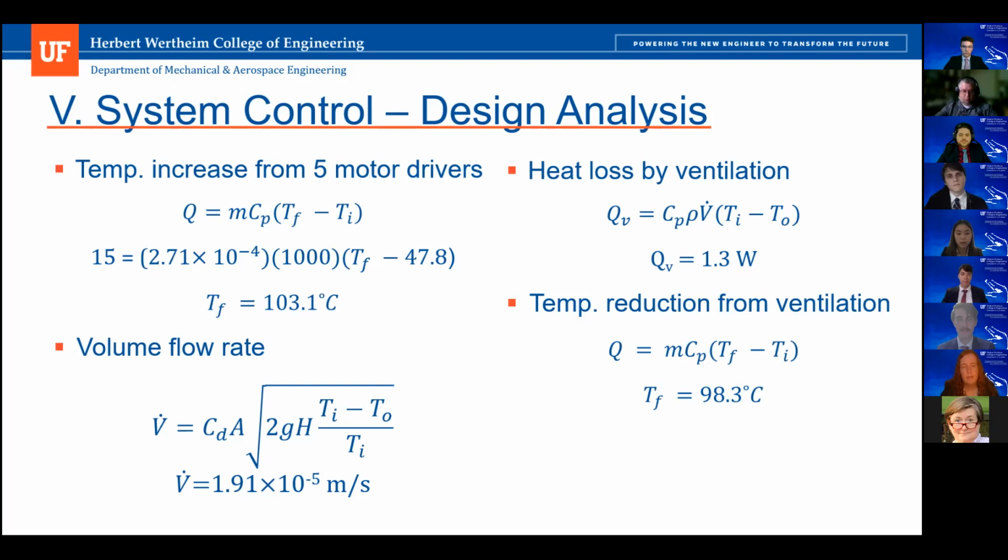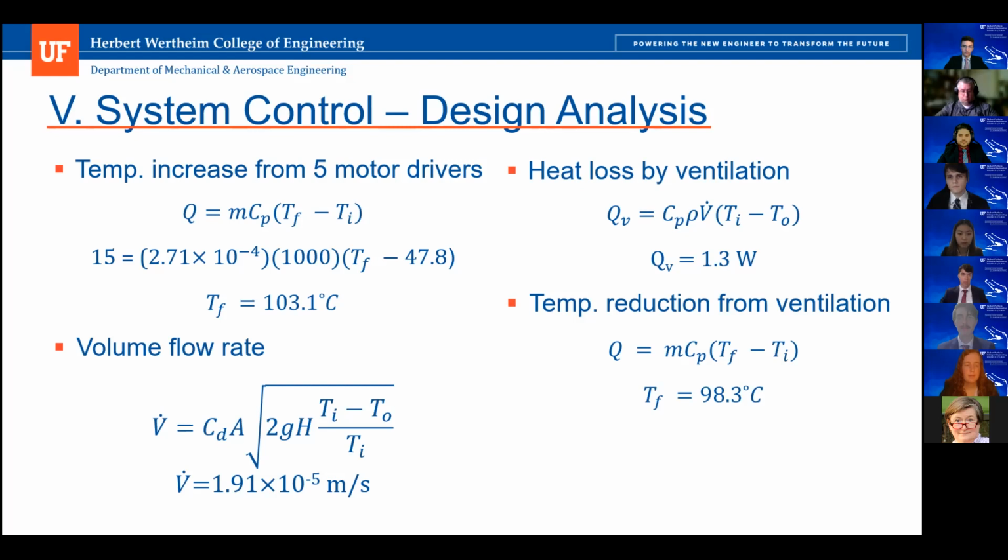It's also dependent on the height that the air travels and the temperature inside the box, which was elevated to 103.1 degrees, and the temperature outside the box, which is the ambient air of 47.8 degrees. And then the rate of heat loss due to the ventilation can be determined, which turns out to be 1.3 watts.